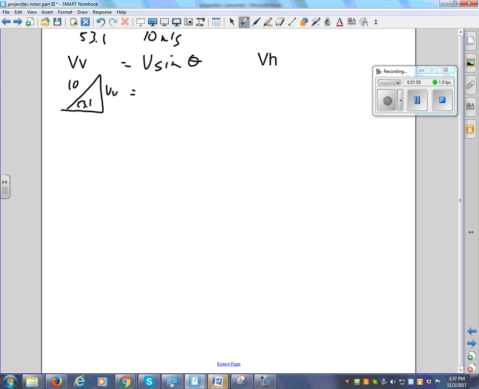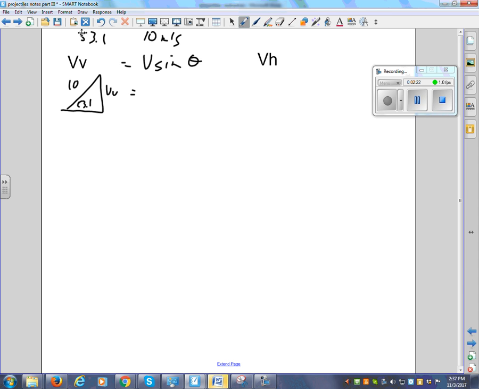Not even a good chance. Okay, so you've got 10 times sine of 53.1. Now, the reason that I picked 53.1, when you take the sine of that, you get, I'm in radians, that's why. VV is Y, right? What is V vertical?